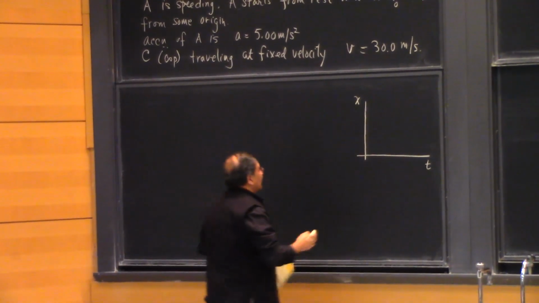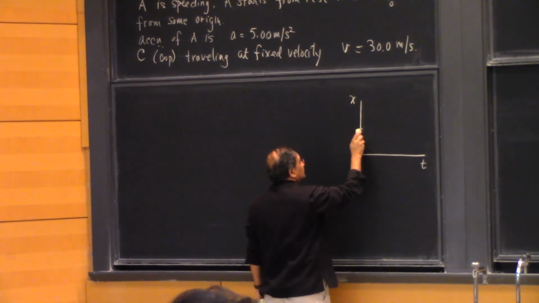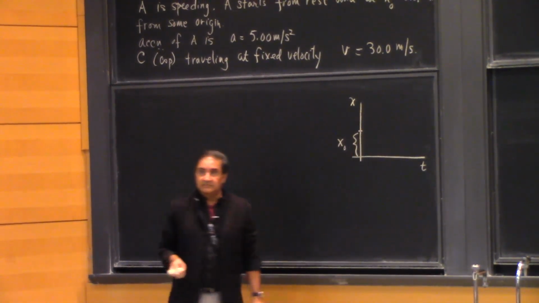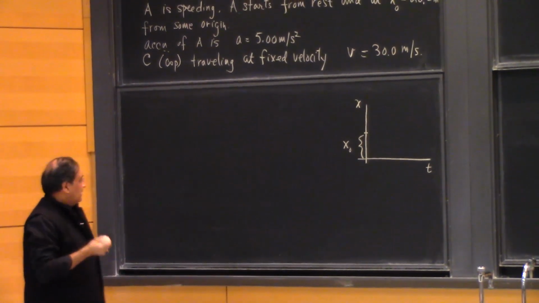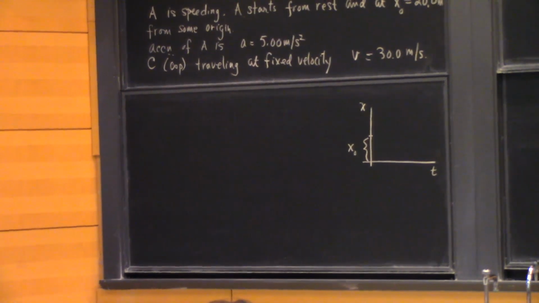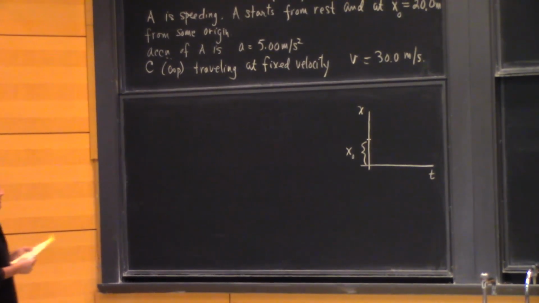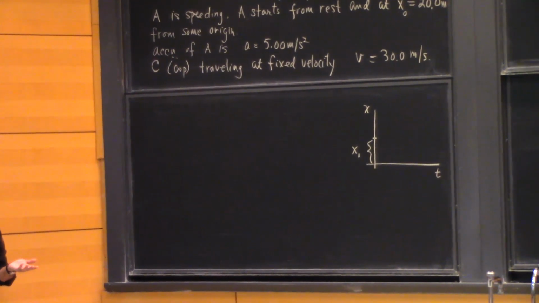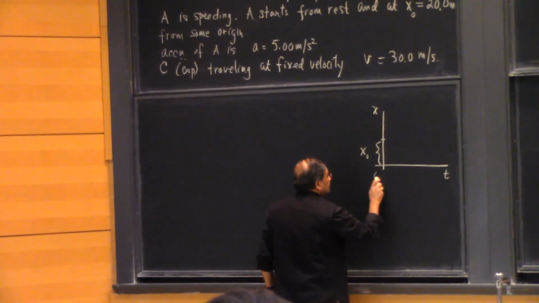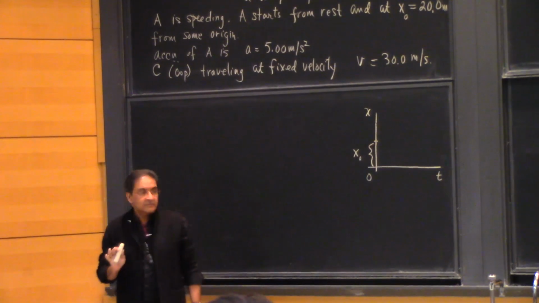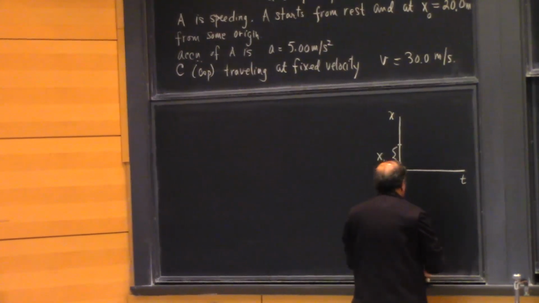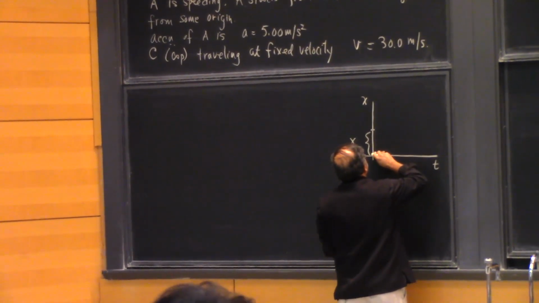Let us say that this is x0. This is where A starts. So A starts from rest, and as I described, A starts x0 ahead of the cop. Wherever the cop starts, that can be the origin. So we'll take the origin here to be the place where the cop starts. The cop is obviously moving at uniform velocity, at 30 meters per second.